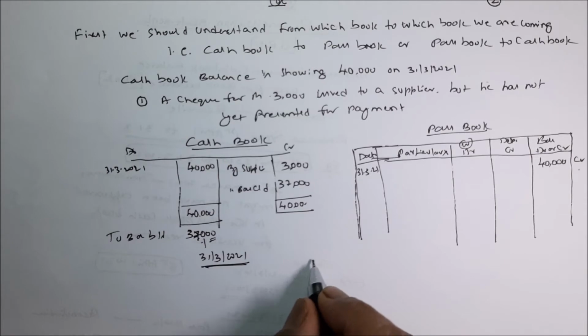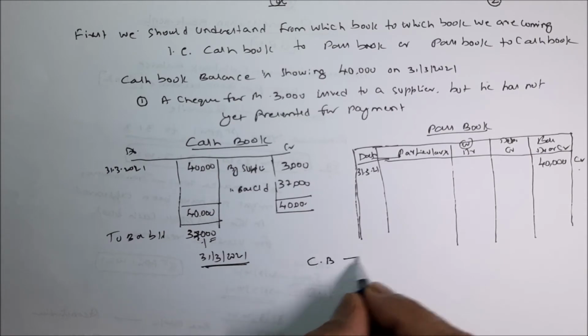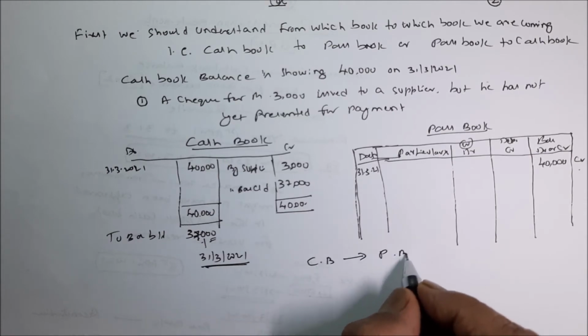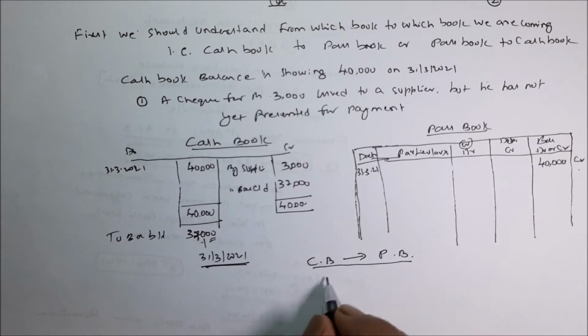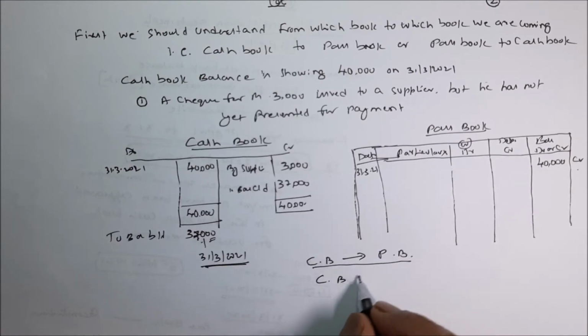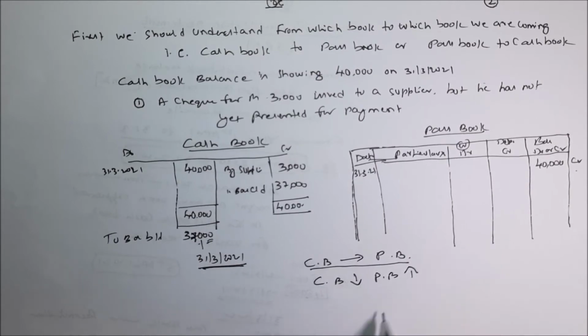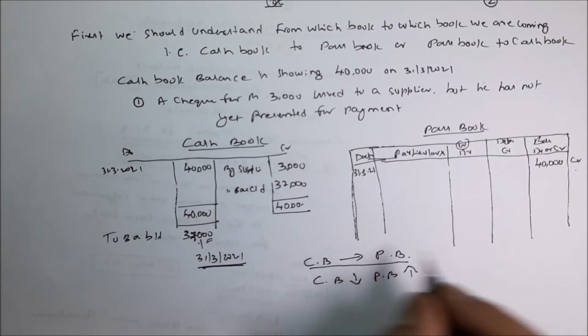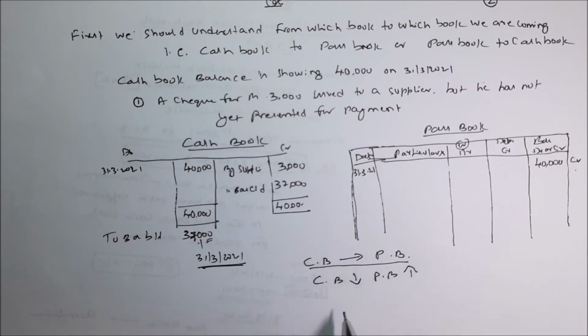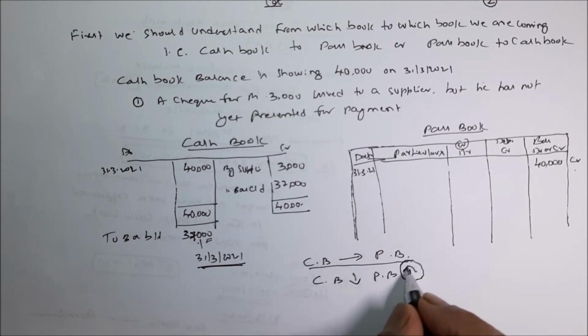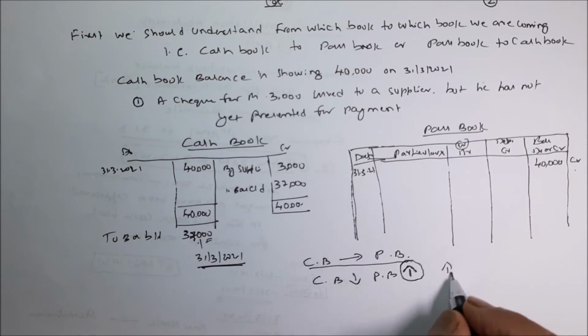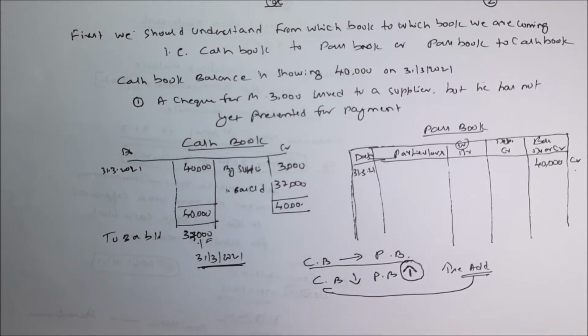Then, coming from cash book balance to passbook balance, the cash book balance is showing less, but the passbook balance is showing more. To bring the cash book balance to the passbook balance, you show an increase. Increase means add, to add to the cash book.